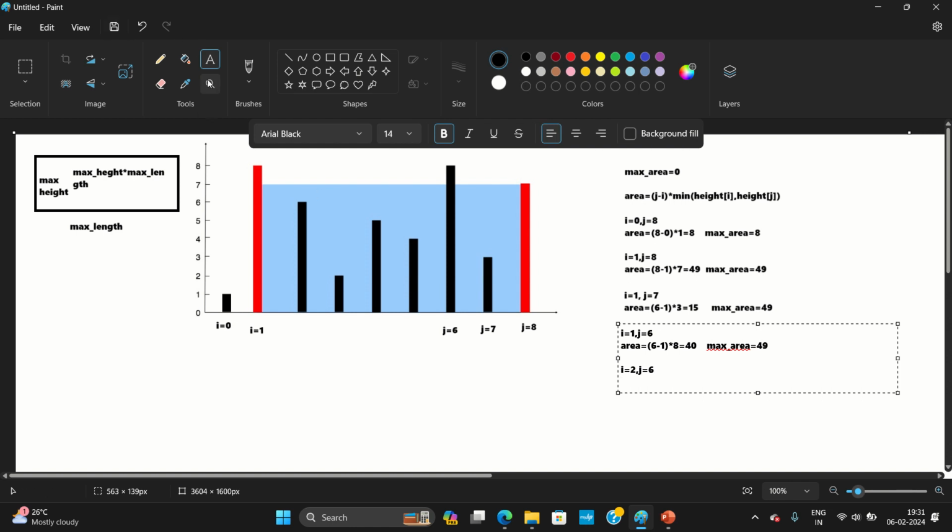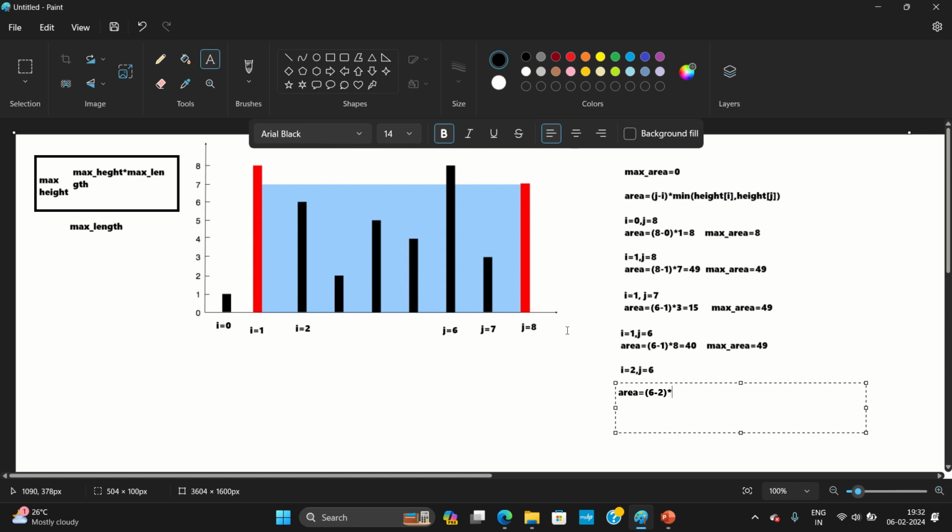Fine. So i is equal to 2, and now area is equal to 6 minus 2 into the minimum of these two, which is 6, right?